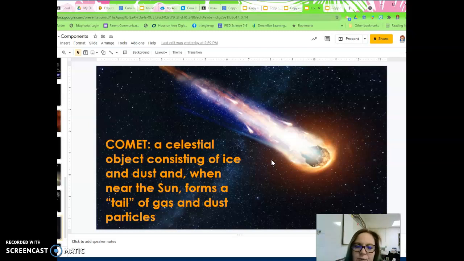Comets are celestial objects consisting of ice and dust, sometimes called dirty snowballs. When they near the sun, they form a tail of gas and dust particles, and that tail is blown away from the comet by what's called the solar wind, and it glows and we can see the comet's tail.